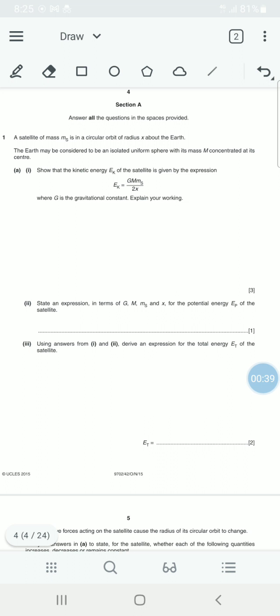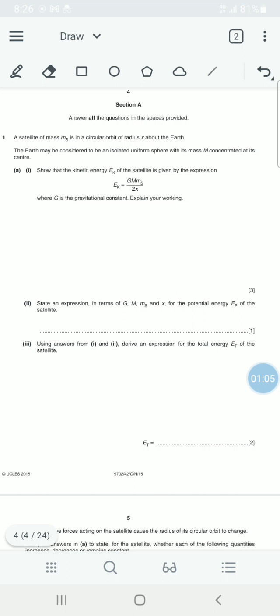The centripetal force is provided by the gravitational force at that point. On page 273 of your textbook, according to Newton's law of gravitation, we obtain the equation F equals GMm upon R squared, so the force of gravitation is equal to the centripetal force.